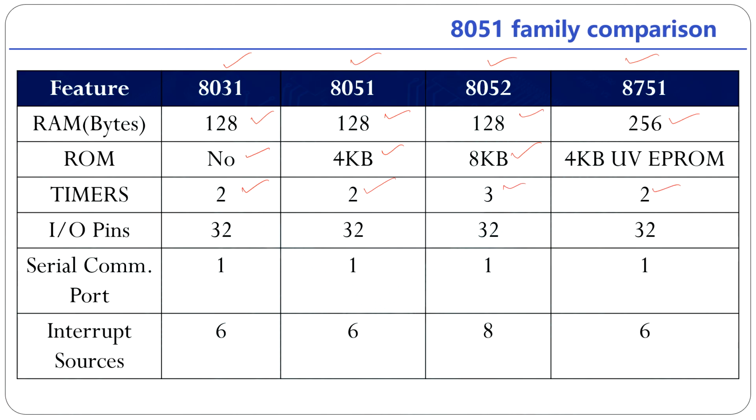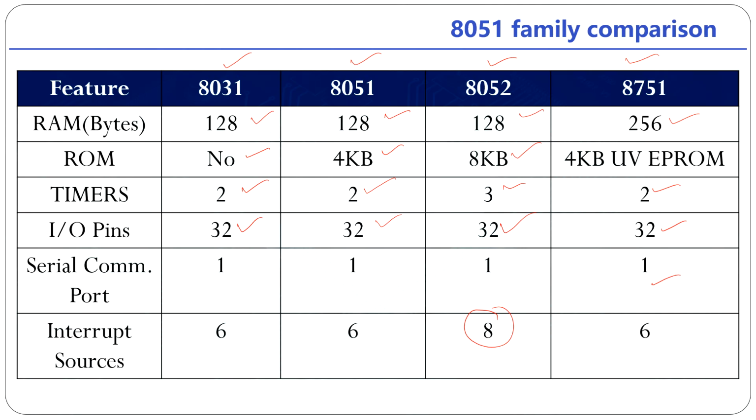IO ports are 32 in 8031, 8051, 8052, and 8751. The serial communication port is only one in all controllers, and interrupts are 6 in most cases except 8052. So here these are the family of microcontrollers.